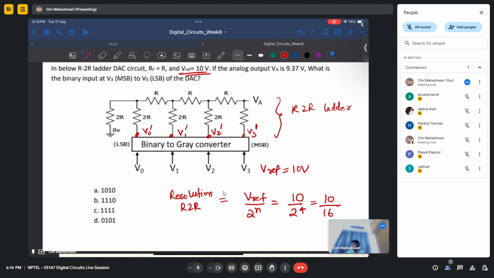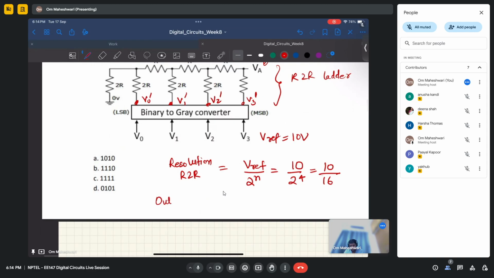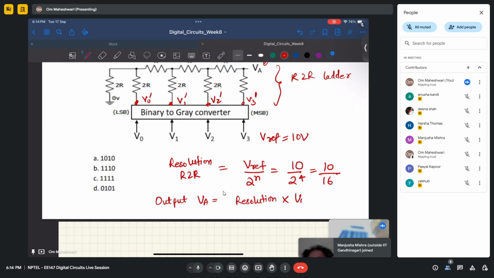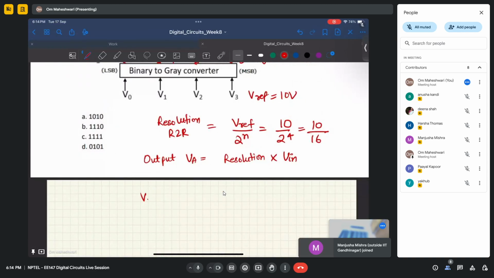Now VA is the output, right? So the output is resolution into V in.